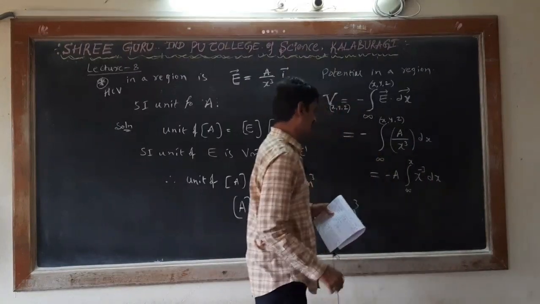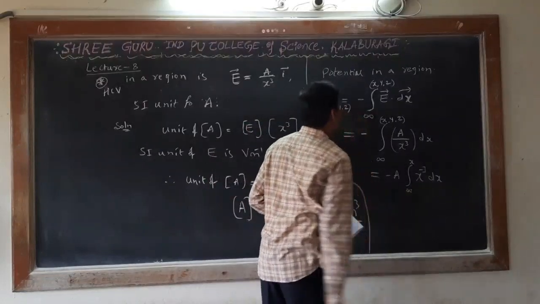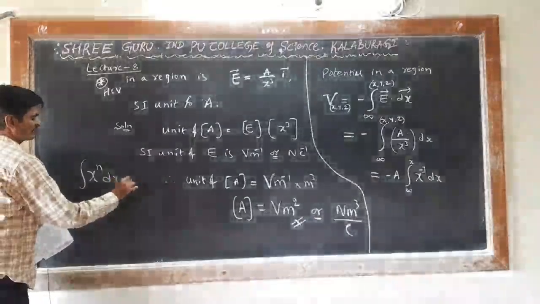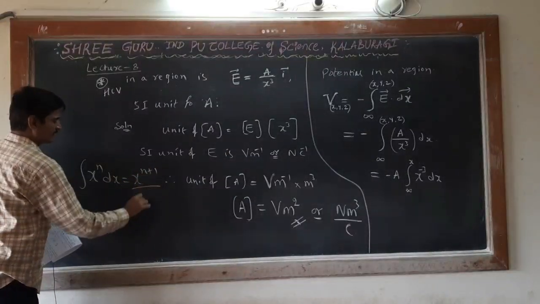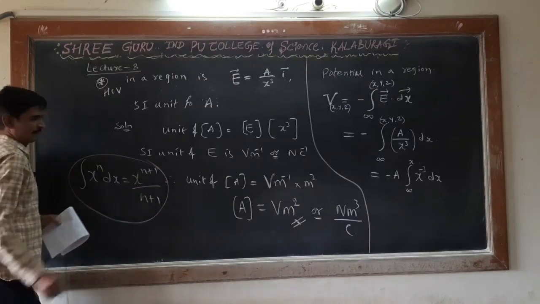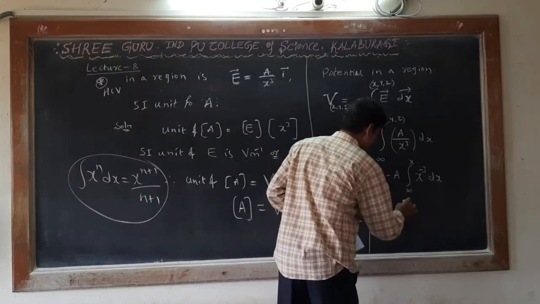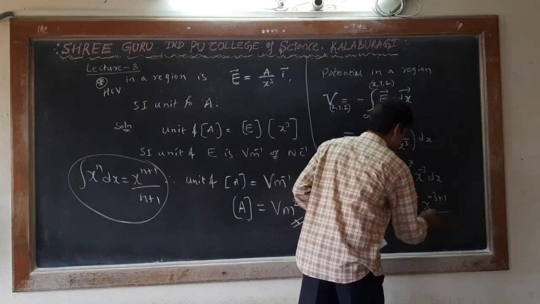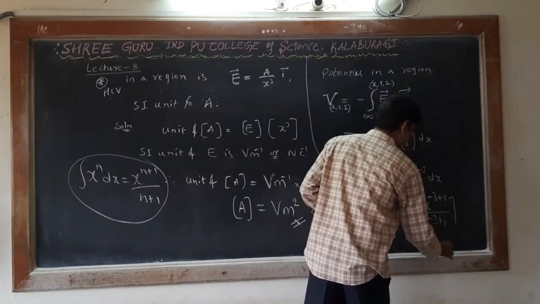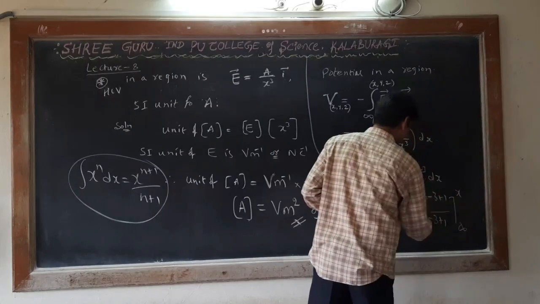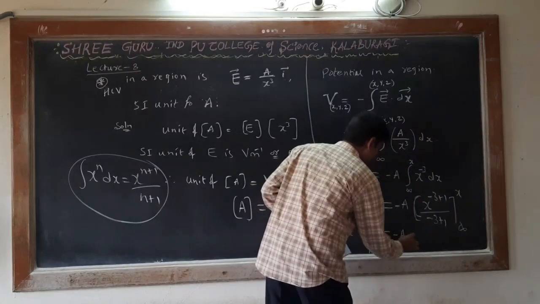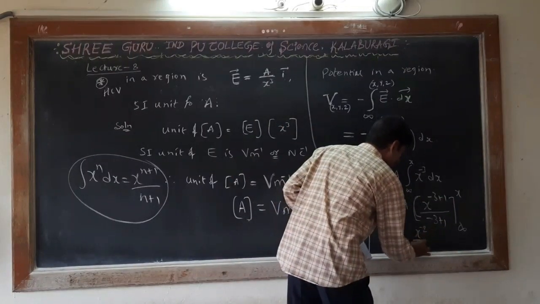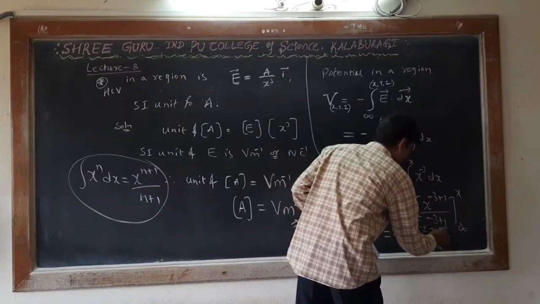Using the formula, integration of x to the power n dx is x to the power n plus 1 divided by n plus 1, we write minus A, x to the power minus 3 plus 1 divided by minus 3 plus 1, which is x to the power minus 2 divided by minus 2, from infinity to x.